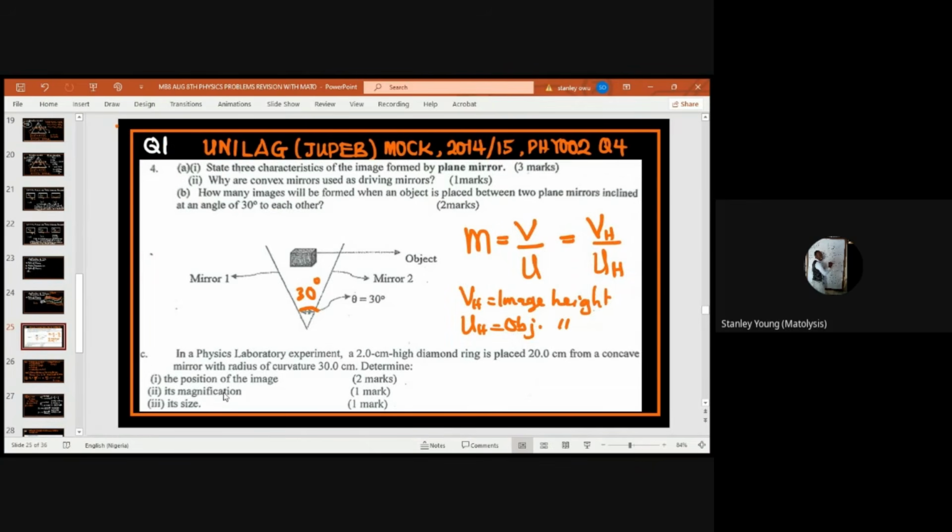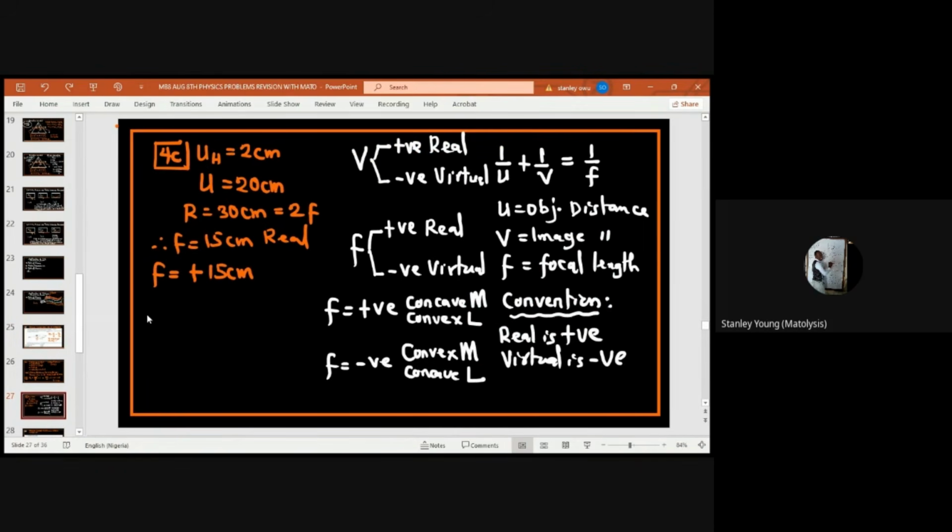Now, what does the question want you to do? It wants you to find the position of the image. That's image distance. We are looking for V, sorry about that. So 1 over U plus 1 over V equals 1 over F. So in that case, we have 1 over 20 plus 1 over V equals 1 over 15.